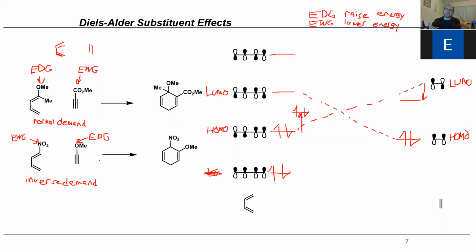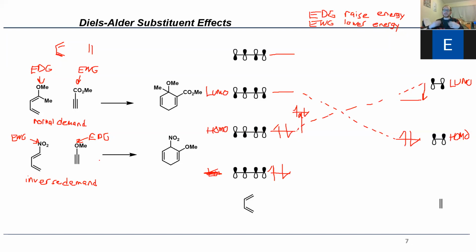And so the electron withdrawing group pulls electron density toward it. The electrons in those orbitals are therefore stabilized by the inductive effect of that electron withdrawing group or the resonance effects of that. So an electronegative atom takes those electrons, that lowers their energy, and so all the energies of these orbitals are lowered by an electron withdrawing group.